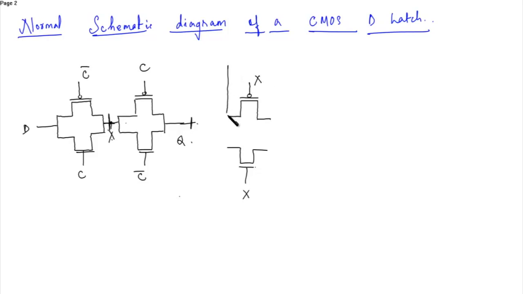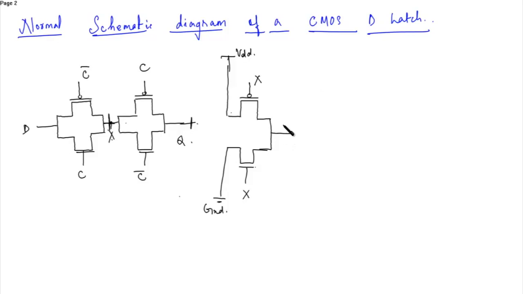This was connected to VDD, and here this was connected to ground. These are the drain terminals. From here another inverter was placed.